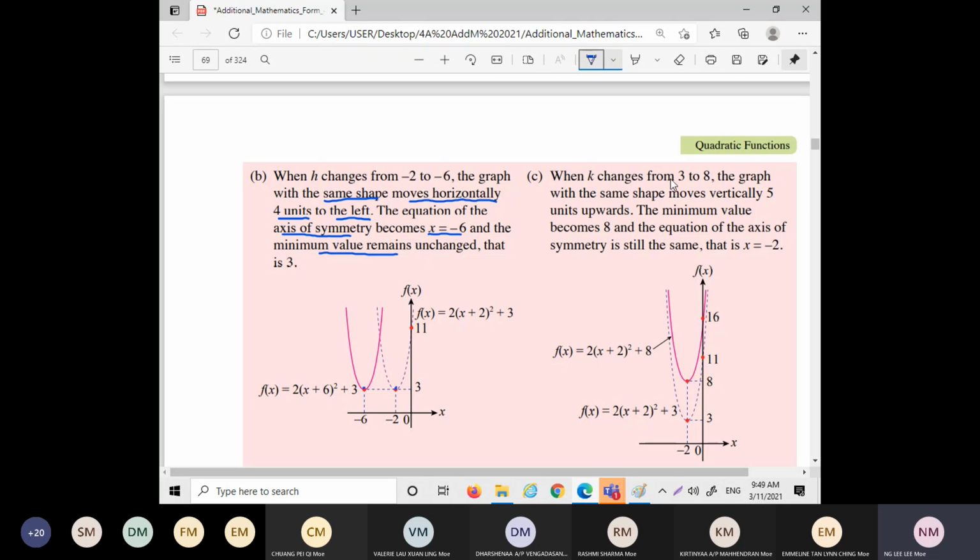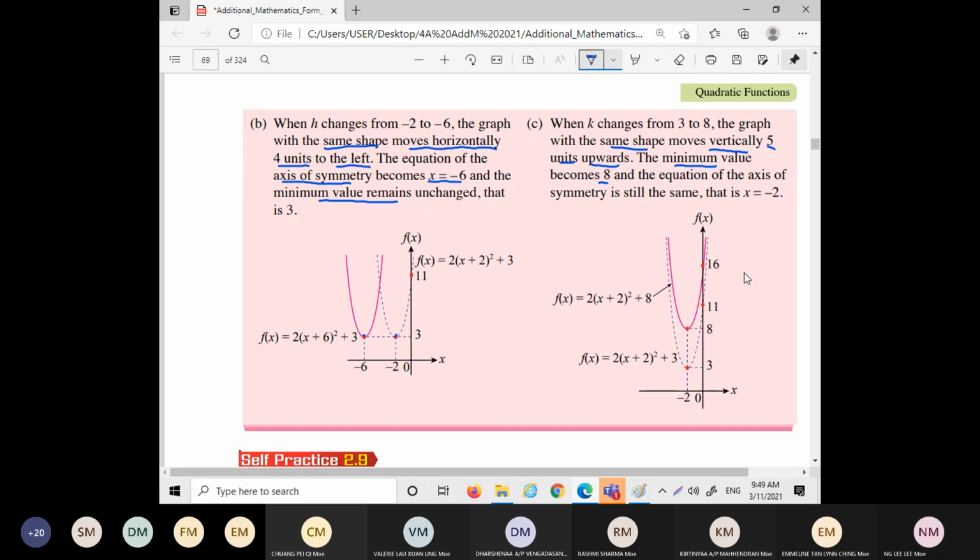When k changes from 3 to 8, the graph with the same shape moves vertically 5 units upwards. Here is upwards. The minimum value becomes 8. The equation of the axis of symmetry is still the same. This is how you explain.